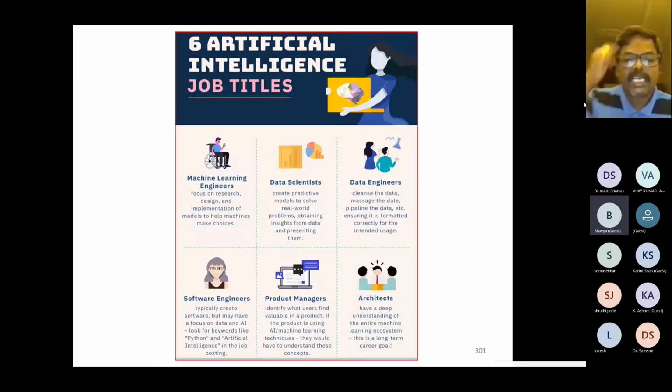Product managers identify what users find valuable in a product. If the product is using AI or machine learning techniques, they have to understand these concepts. And architects have a deep understanding of the entire machine learning ecosystem. This is a long-term career goal.